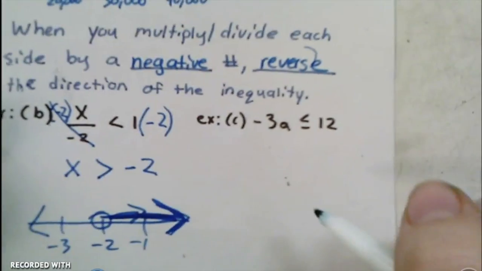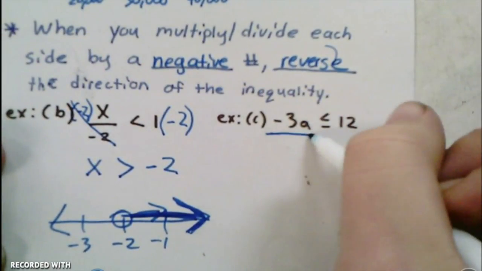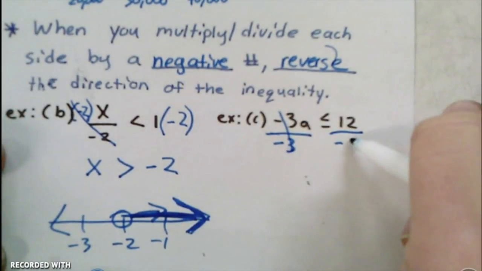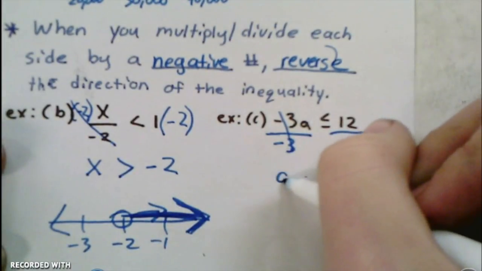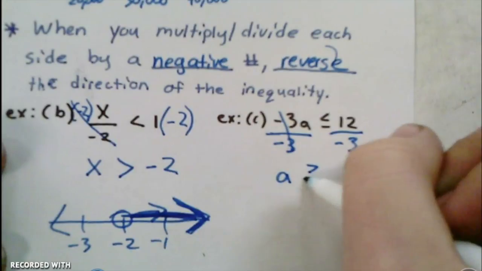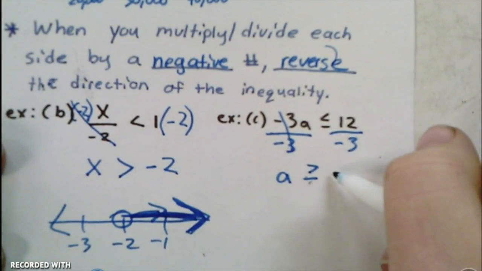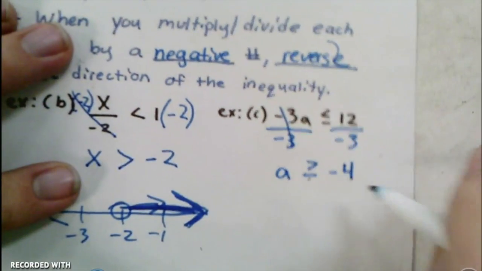All right, let's look at this example. So here it's being multiplied by a -3, so I'm going to divide it by a -3. Ding! I'm dividing by a negative number with an inequality, so what do I need to do? Switch my sign. Went from less than to greater than or equal. 12 divided by -3 is -4.